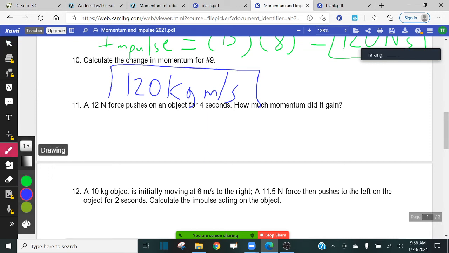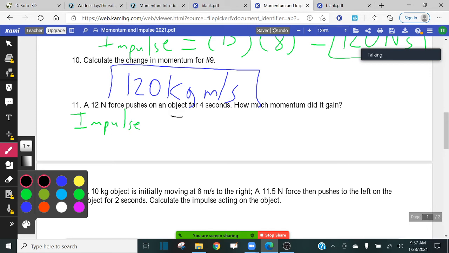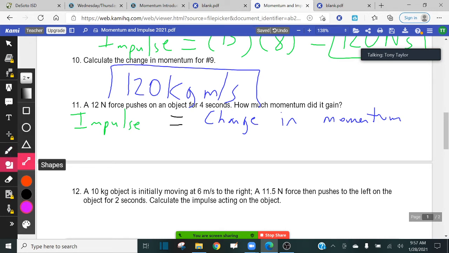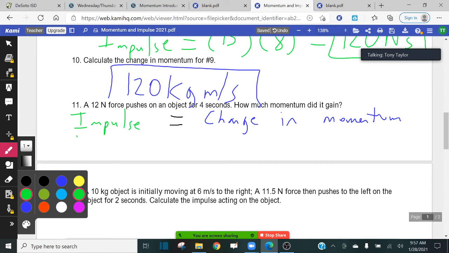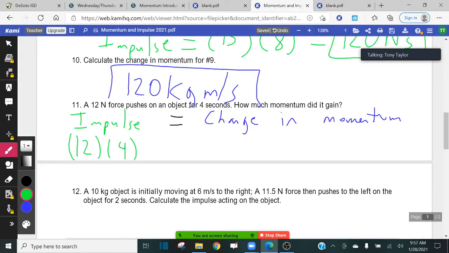So remember, impulse is equal to change in momentum. So if we know the impulse is 12 times 4, because impulse is force times time, what's 12 times 4?